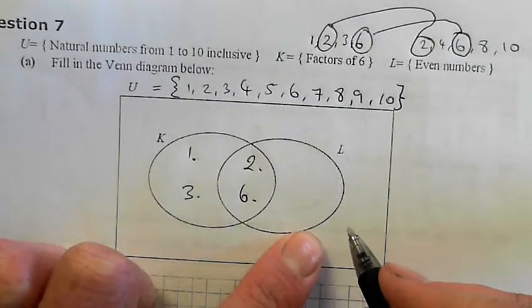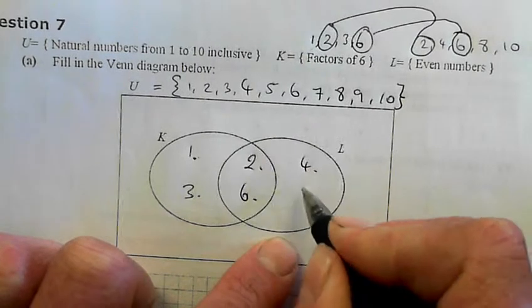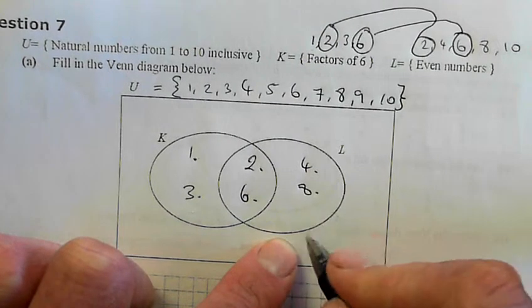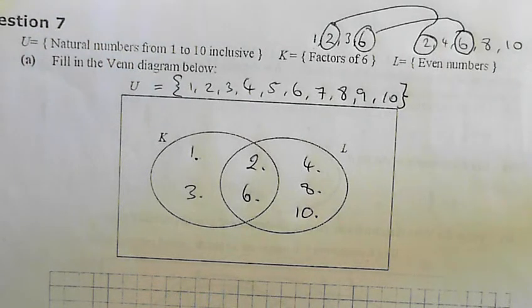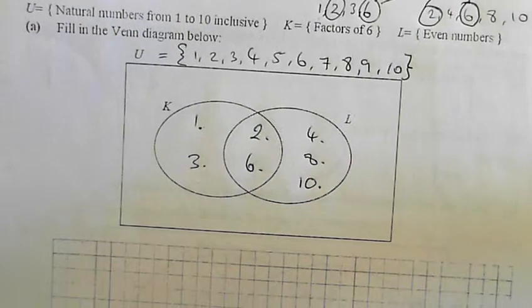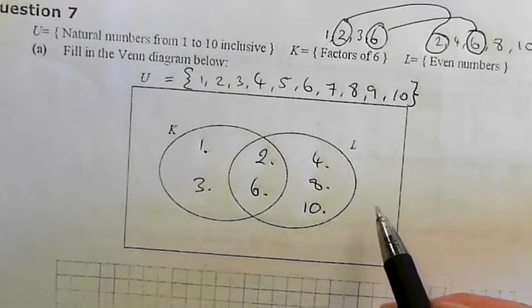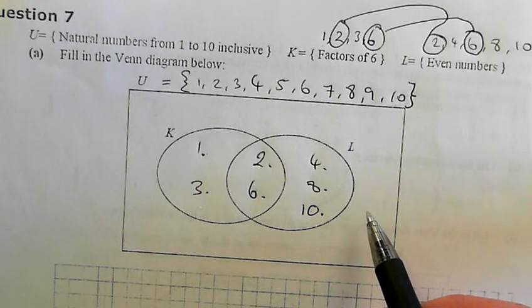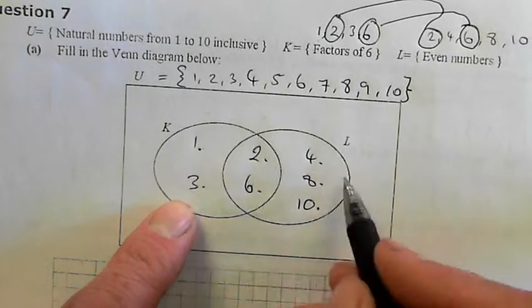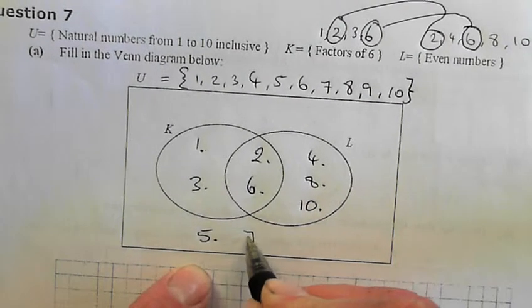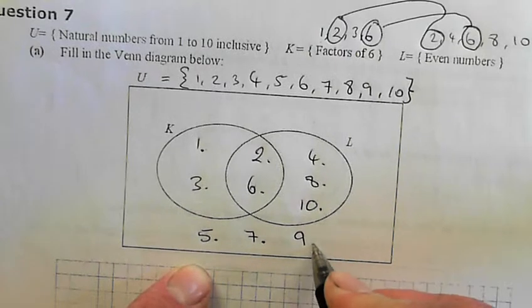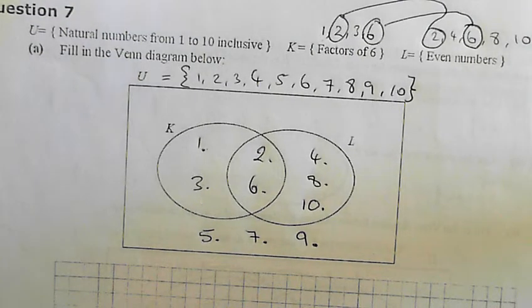And then the L's, 4, 8, 10. And then the rest is outside. Did we miss it? 5, 7. 5 is not included in either set. Very good. 5, 7 is not included. 9. That's it, well done.